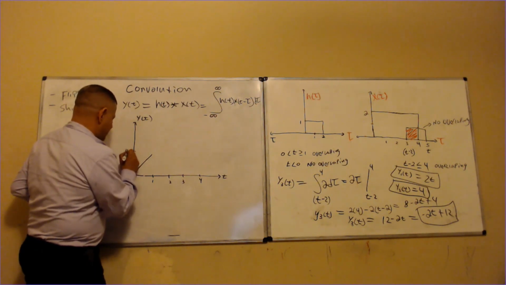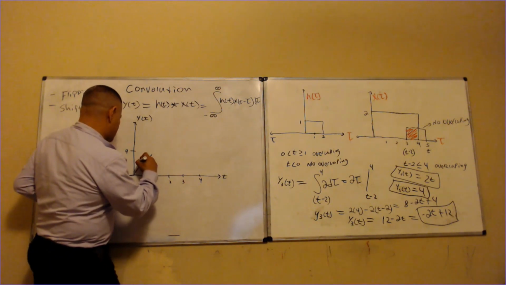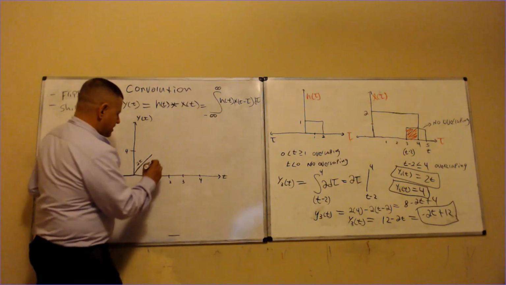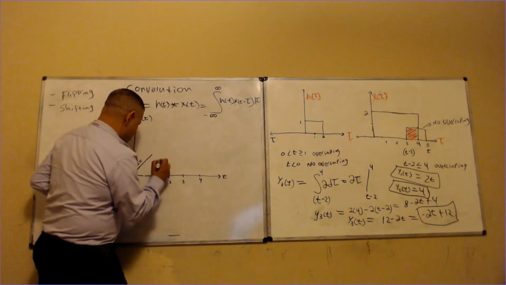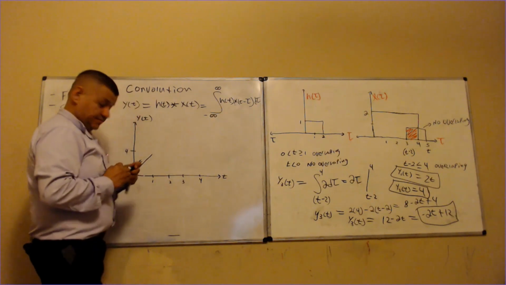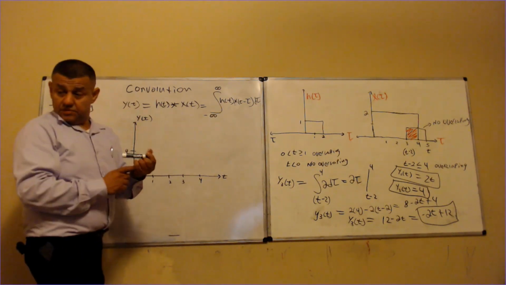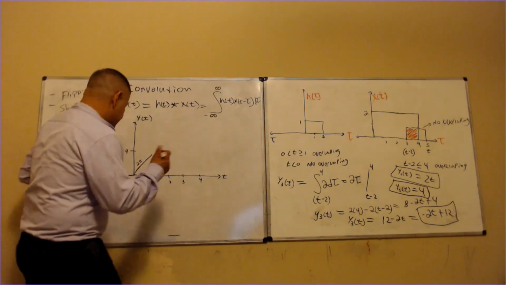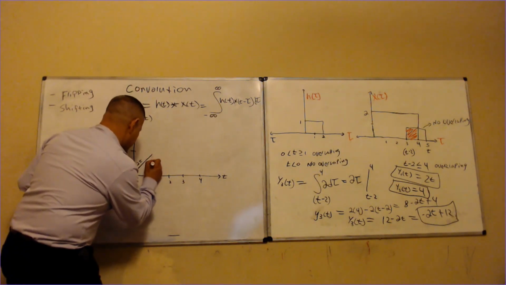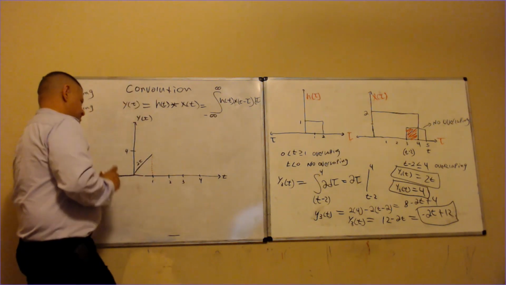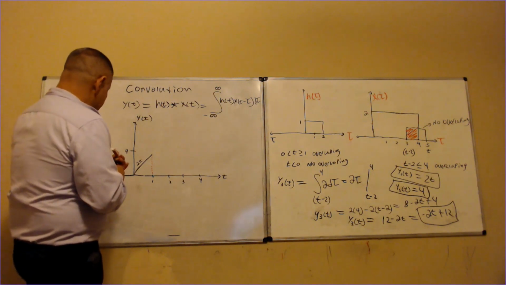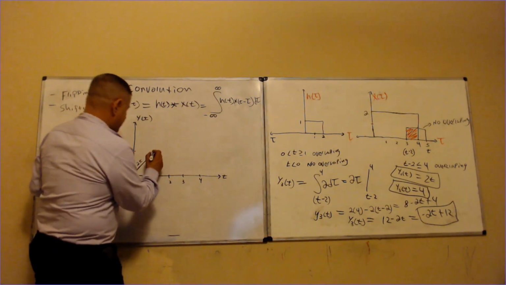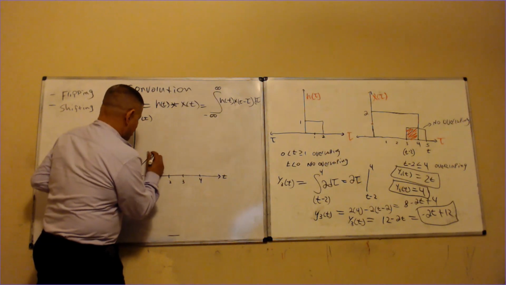This is 4, right? And this is 2t, right? Then we go at 1. At 1, we have, right? Then we go across. We go across.